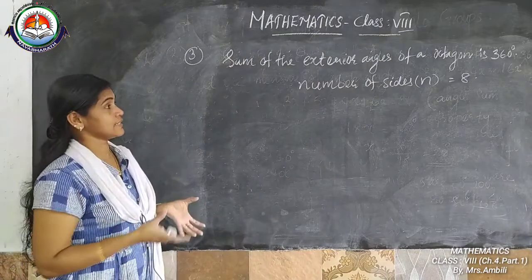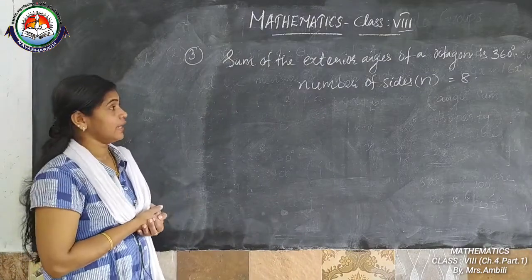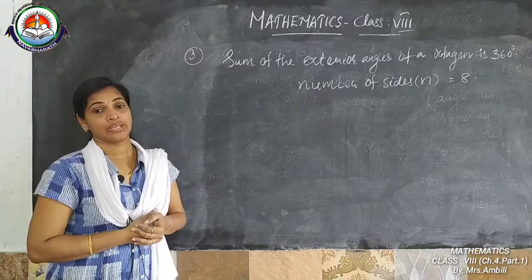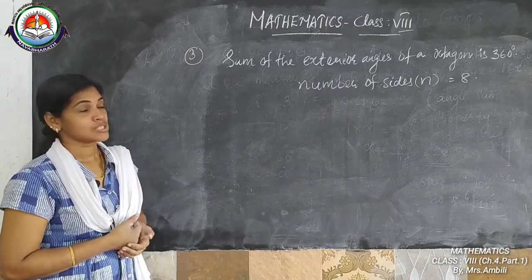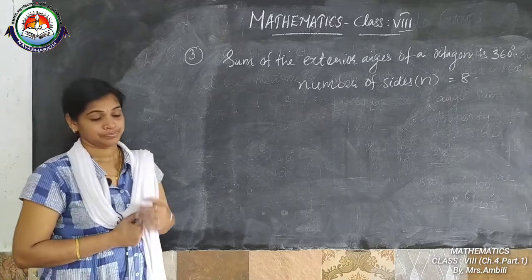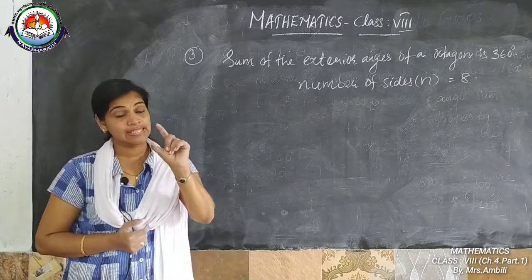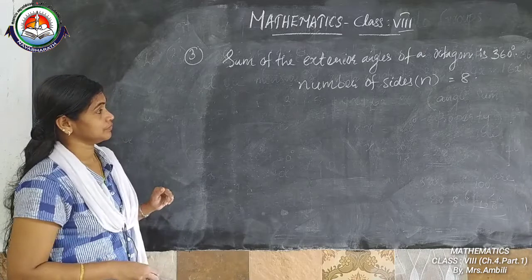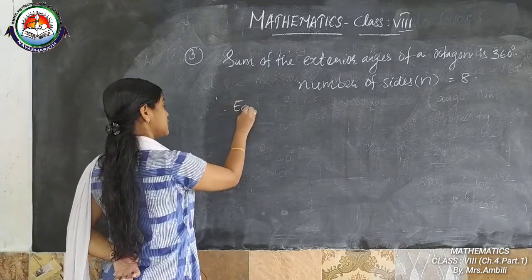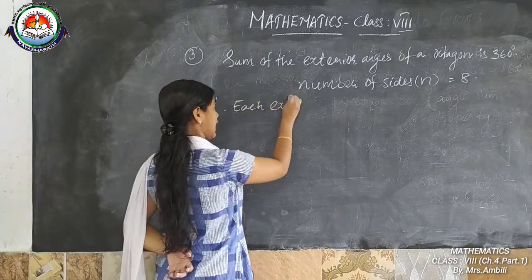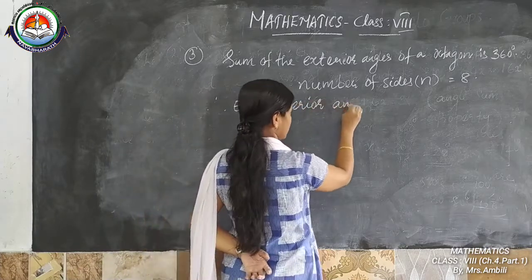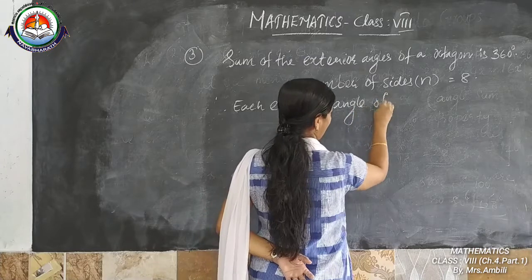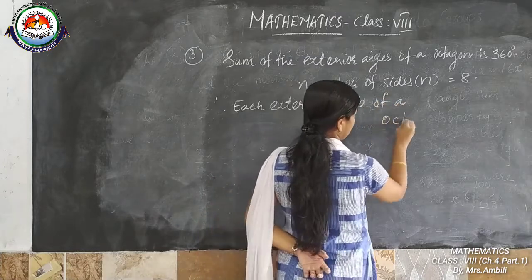So total exterior angle is 360 degree and 8 sides also there. Octagon means 8 sides also there. Okay. So what is each exterior angle of an octagon?